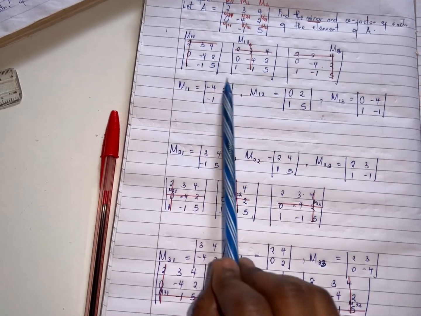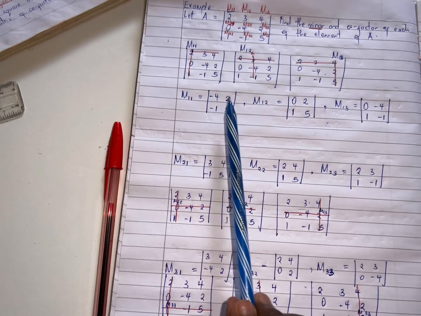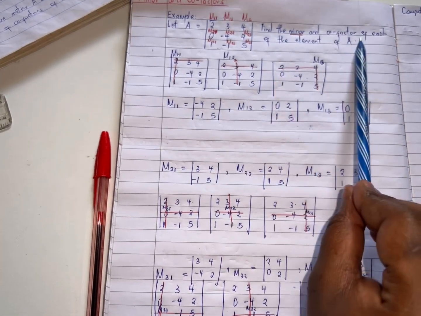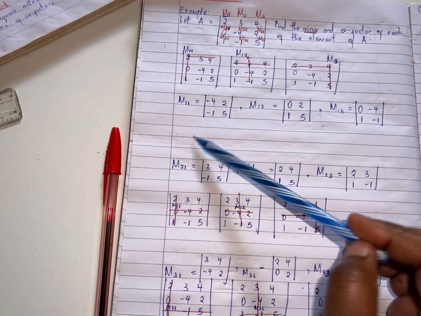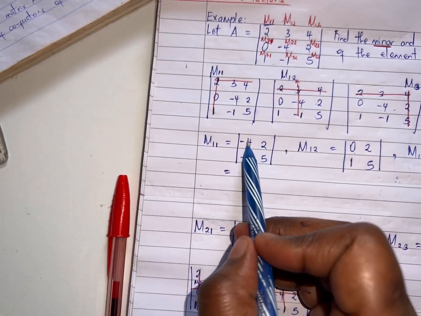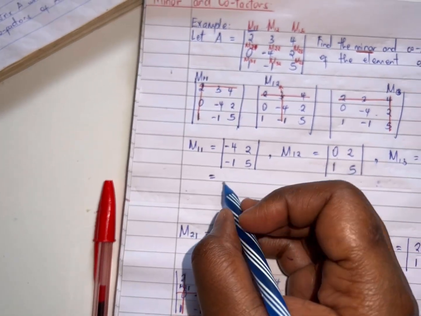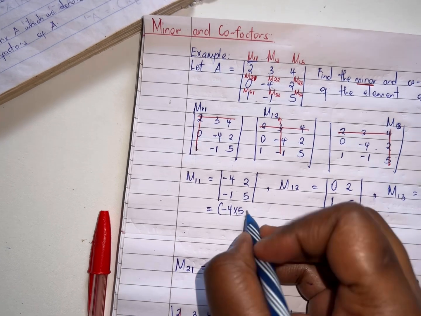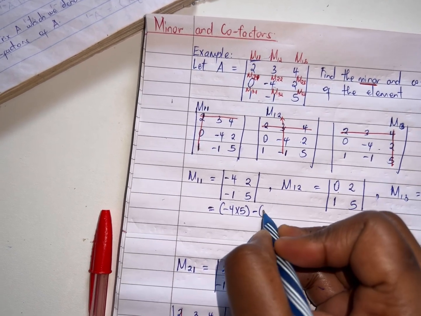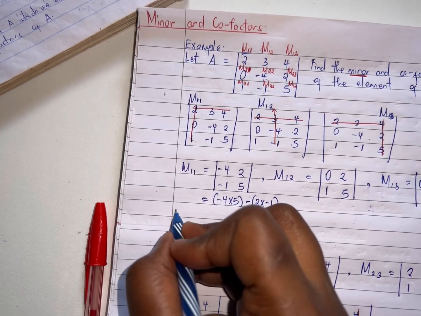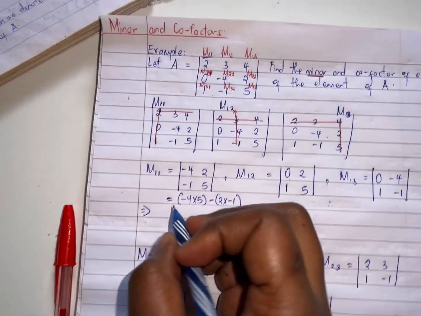We're going to find the determinant of every minor, because the question was to find the minor. Our formula, I hope you remember how to compute a 2 times 2 matrix. So negative 4 times 5 minus 2 times negative 1. If you don't understand, go back to my previous video or previous part.